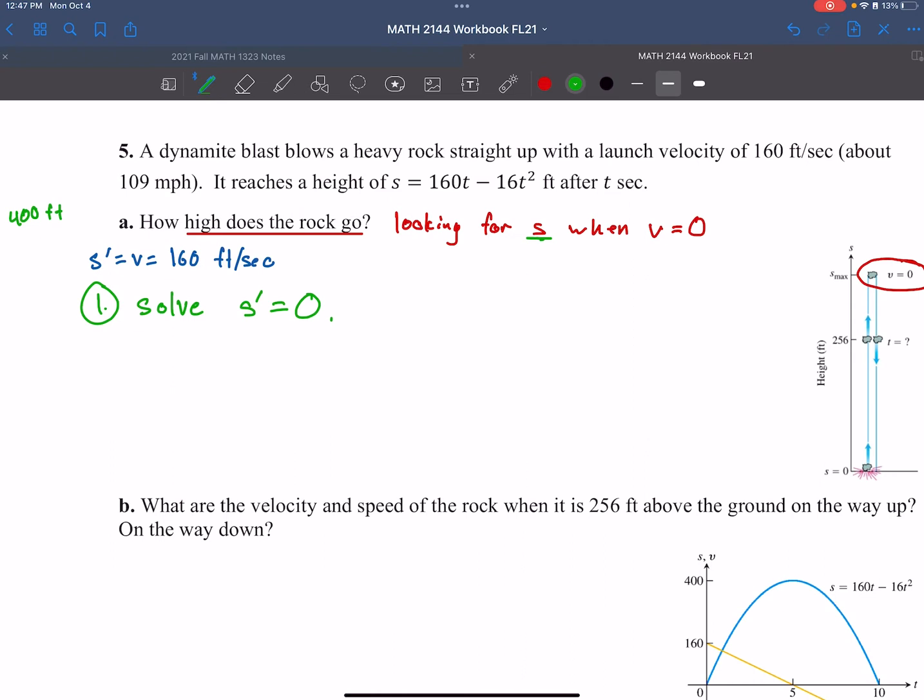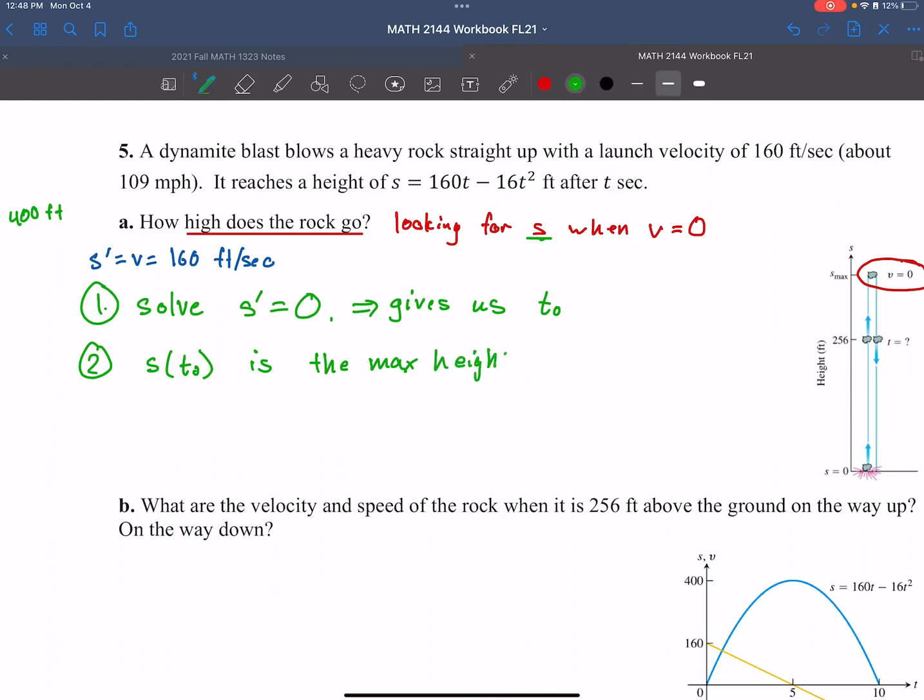The second step is, this will give us, let's just call it t sub 0. And then the solution is s of t0, the maximum height.